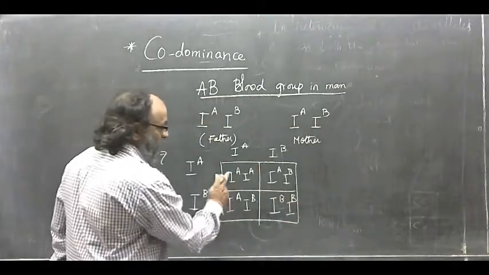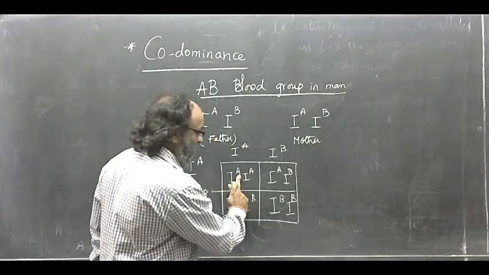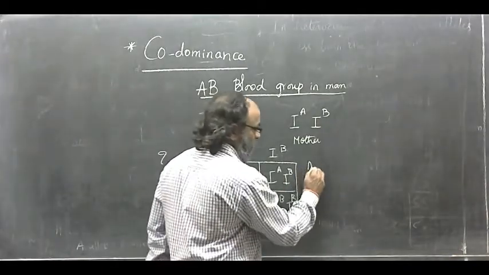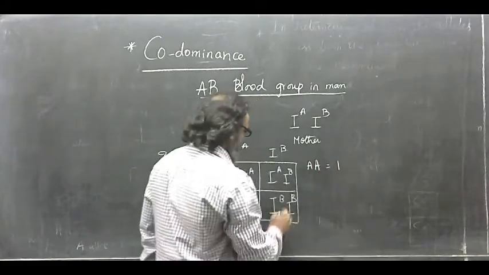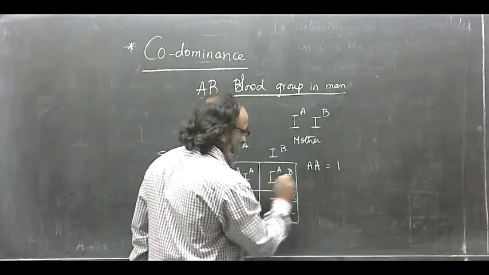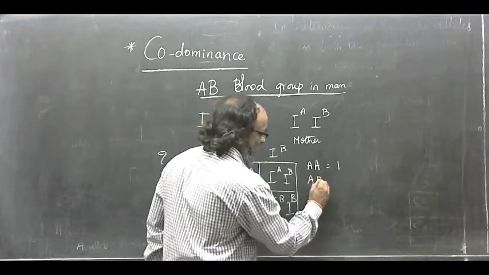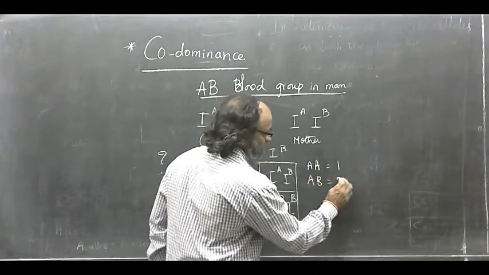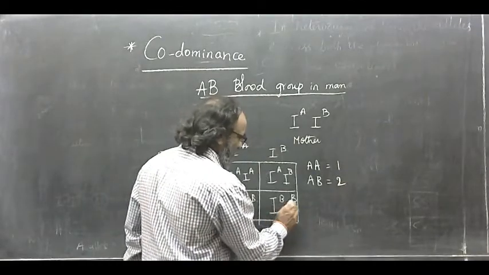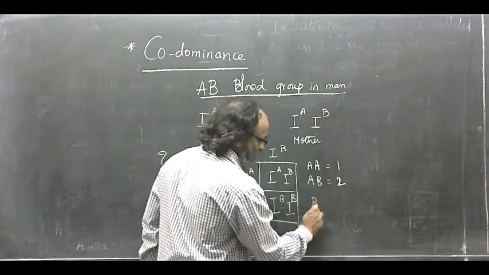That means one child is with A blood group, two children are with AB blood group, and one child with B blood group.